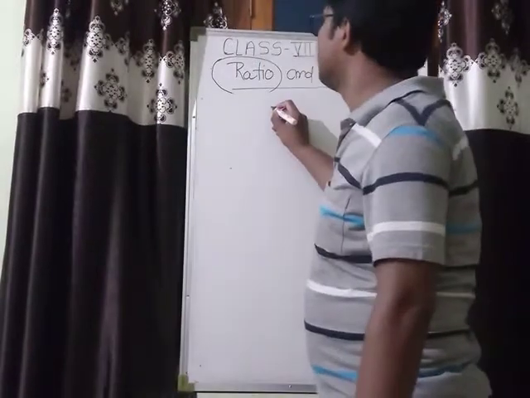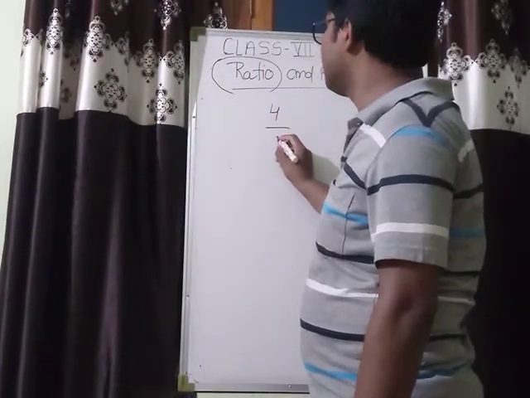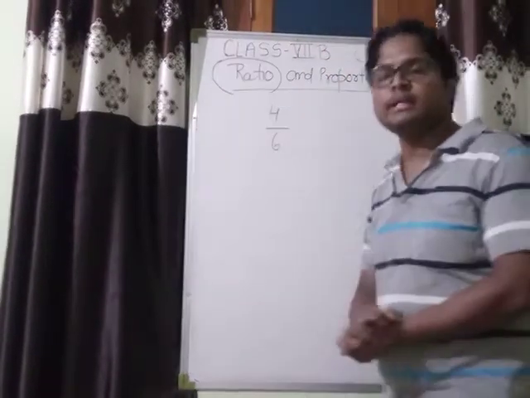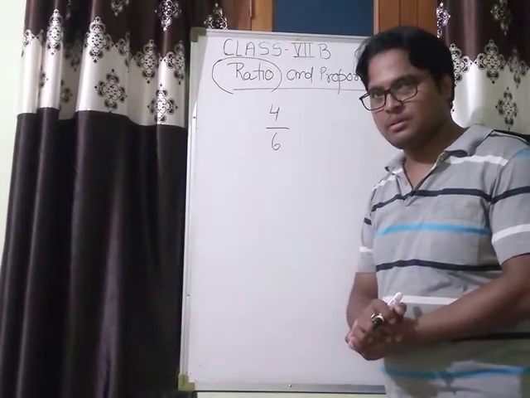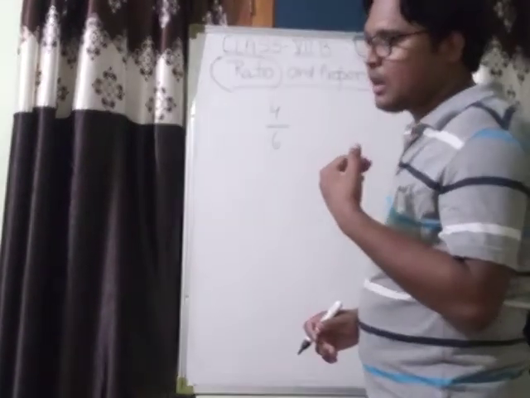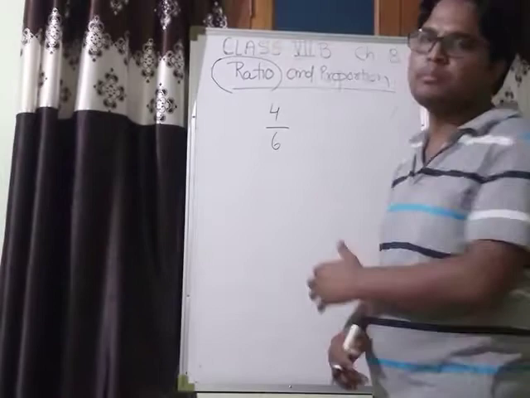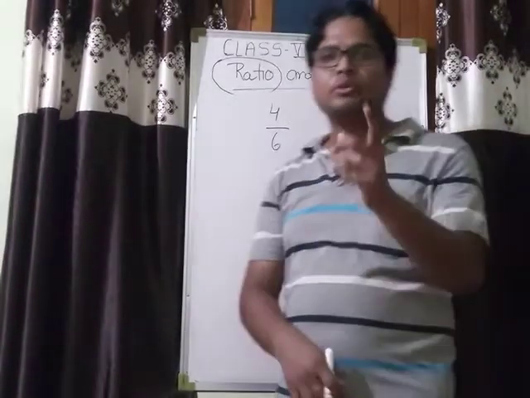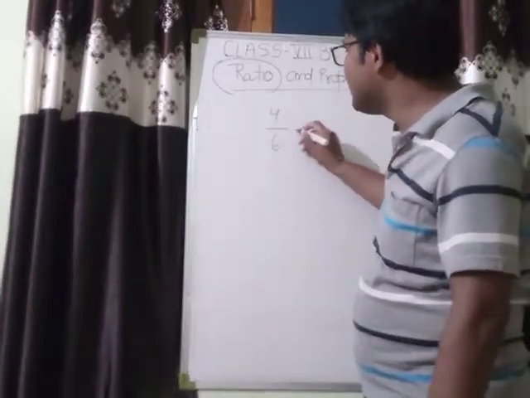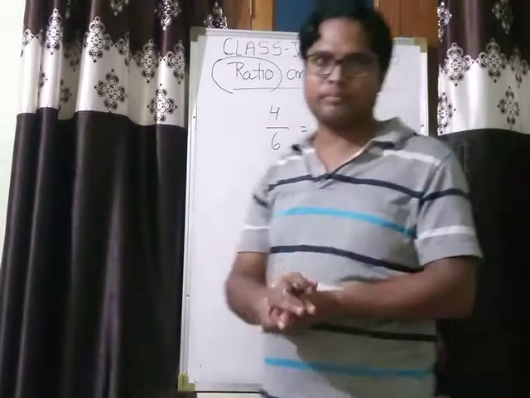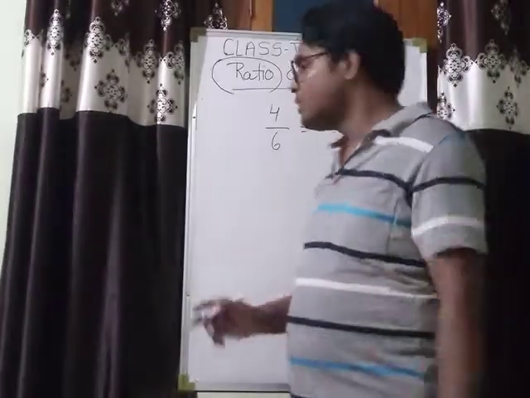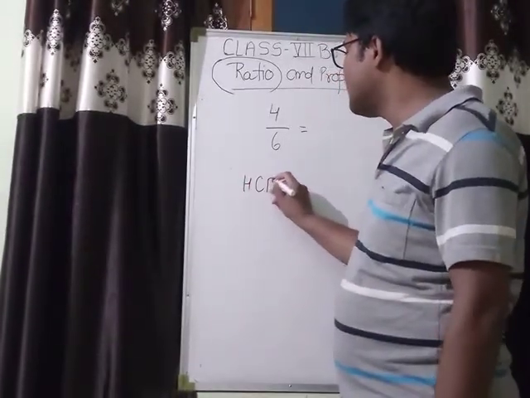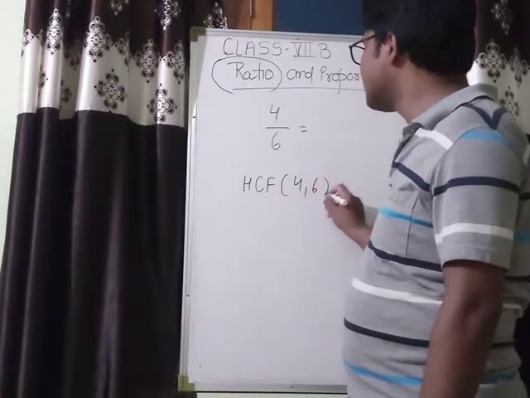This is 4 upon 6, that is a fraction, and if someone asked you to find out its simplest form, we have to divide both numerator and denominator by their HCF, highest common factor. What is the highest common factor of 4 and 6?